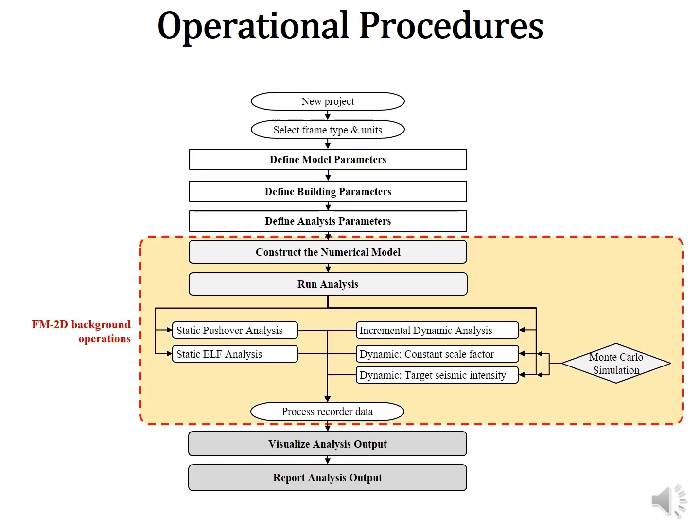The second set of operations is the FM-2D background operations, which includes the characterization of the different member and spring behaviors, the construction of the numerical model in OpenSees, running the actual analysis procedures, and reading the output data from OpenSees, the recorder data, and processing it.